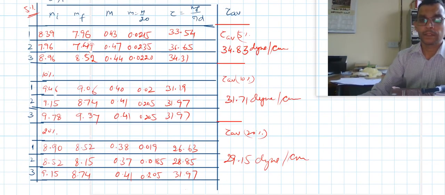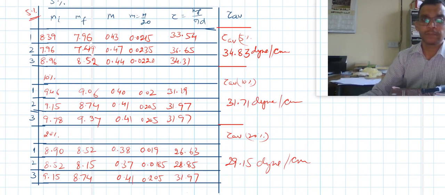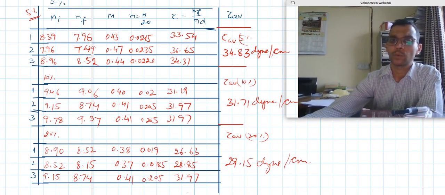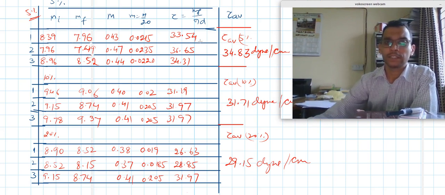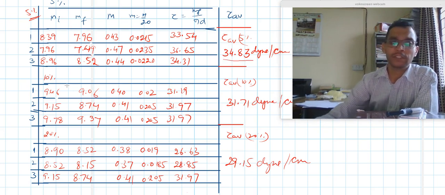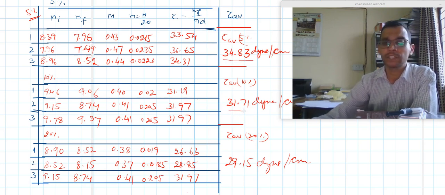I have performed the experiment with 5% concentrated soap solution, and these are the readings I am getting. The average value comes out to be 34.83 dyne per centimeter. When the concentration is further increased from 5% to 10%, the surface tension keeps decreasing, and similarly for 20% it comes out to 29.15.